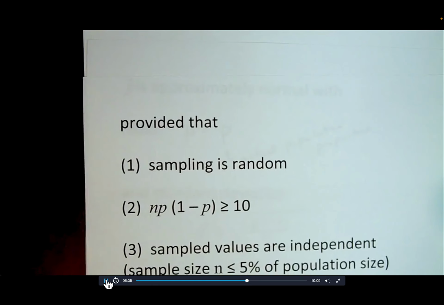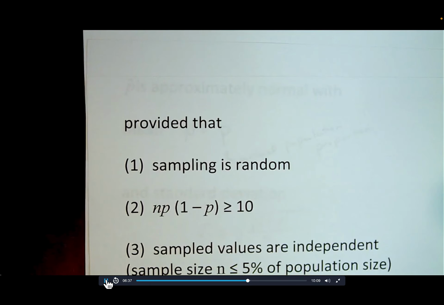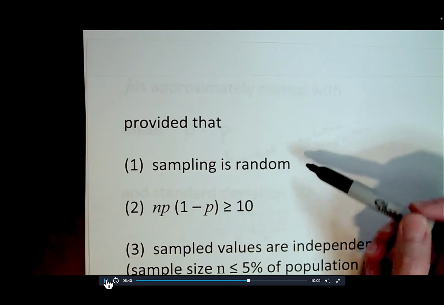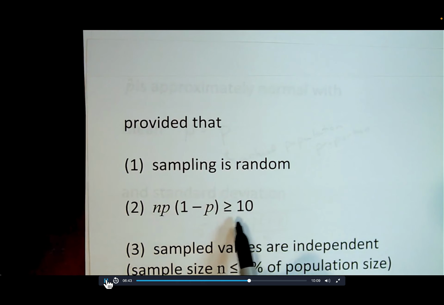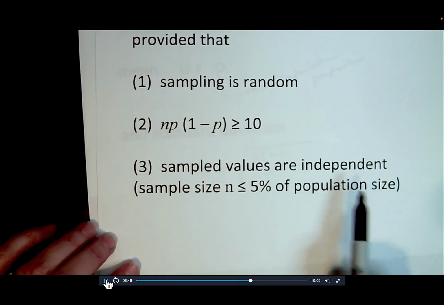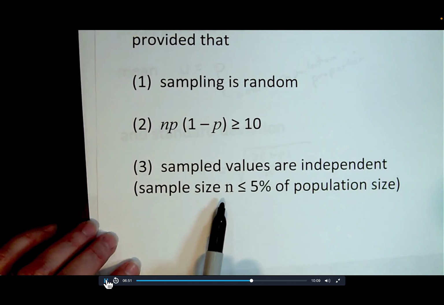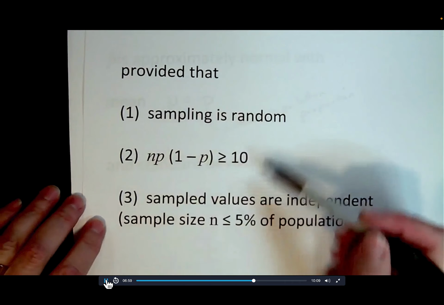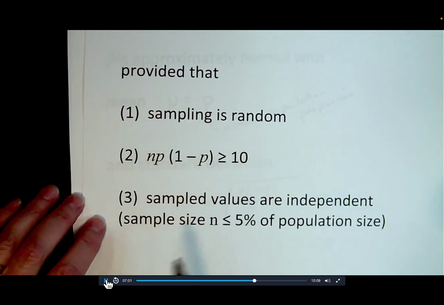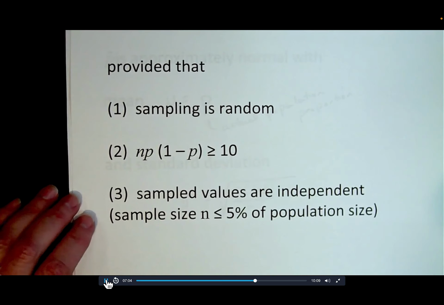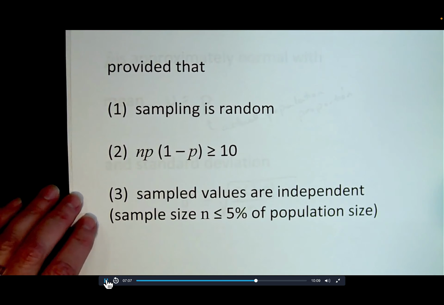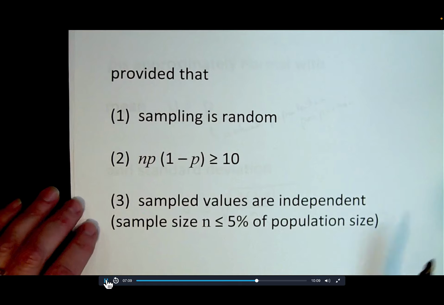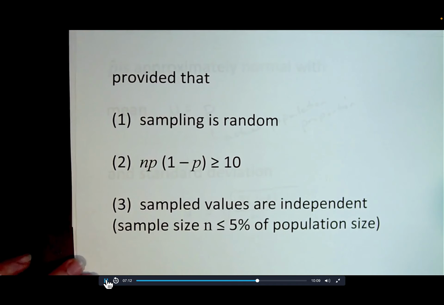Something else I need to mention is that p hat is normal provided that the sampling is random, that n times p times 1 minus p is greater than or equal to 10, and that the sampled values are independent of each other, which is going to happen when the sample size n is less than or equal to 5% of the population size. I'm not going to do a whole lot with this, but I needed to mention it because in the homework it'll sometimes ask you to verify that the hypothesis testing we're going to do is valid.